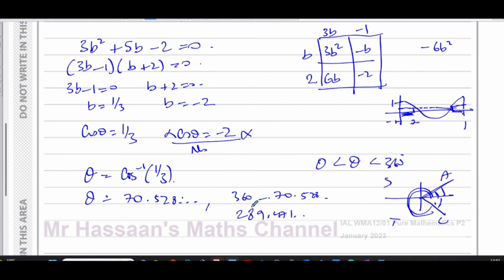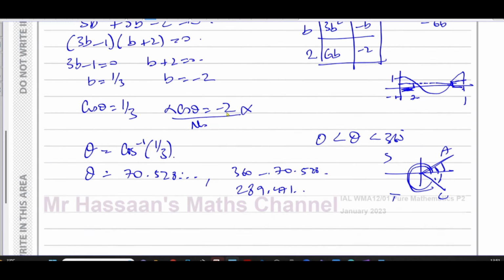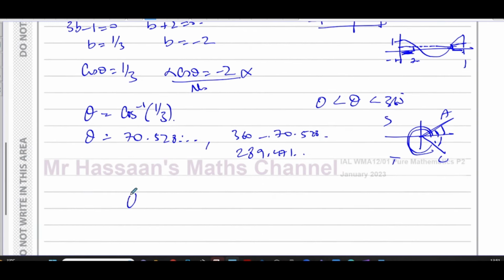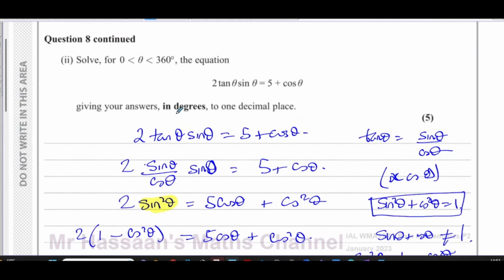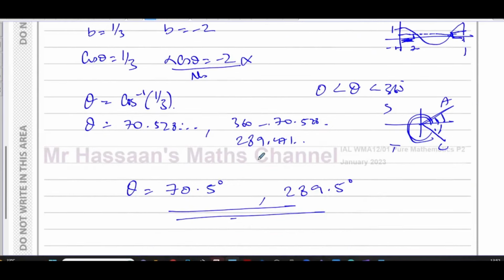Now there's no adjustments to make here because it's theta, no problem. So we can just write down our answers as, to one decimal place, 70.5 degrees and 289.5 degrees. These are our two solutions for this problem. Even if it didn't say one decimal place, we should give answers in degrees to one decimal place.